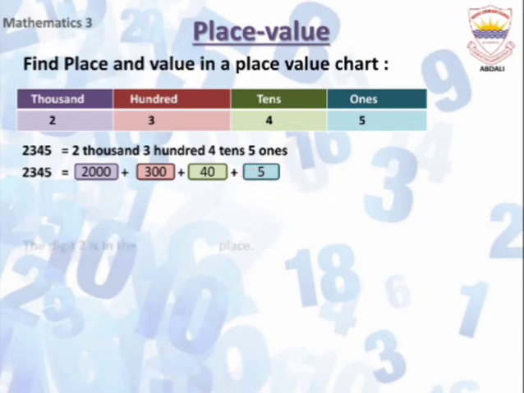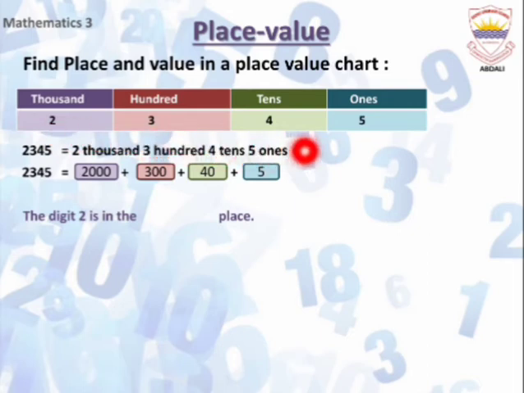Now we have to find the place and value of the digits. In which place is digit 2? Now students, let's see the table and find the place of digit 2. In the table, the digit 2 is right under 1000.